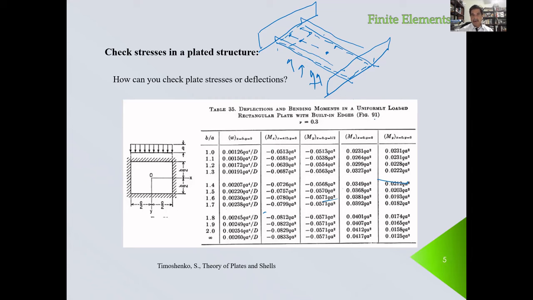So if you model that as a clamped plate, we can use, for example, this result from Timoshenko, and we can use the ratio B over A, get into one of these expressions, and get these values. These values you can evaluate here, for example, the deflection, and also we can evaluate the bending moments. Remember that the bending moment is going to be very important in the direction of the smaller dimension.